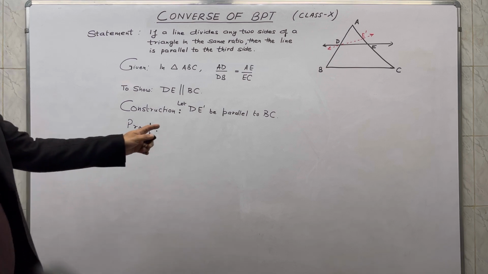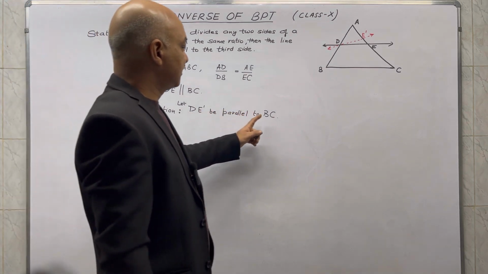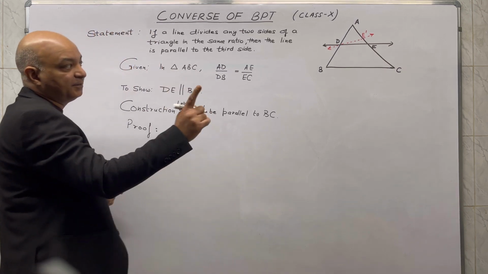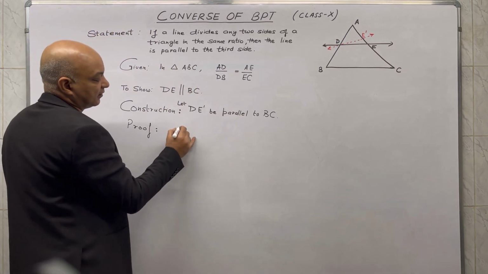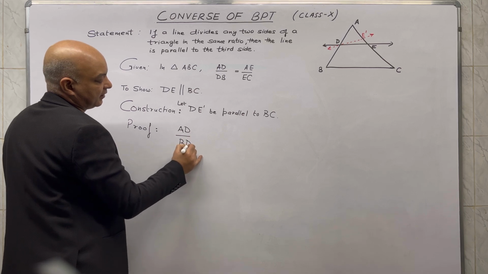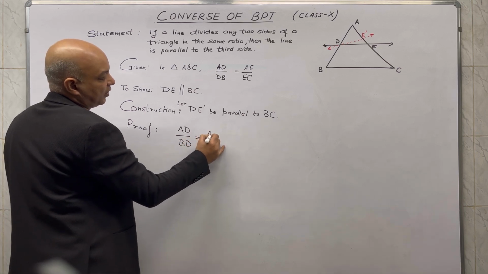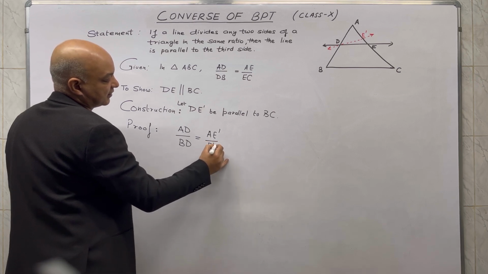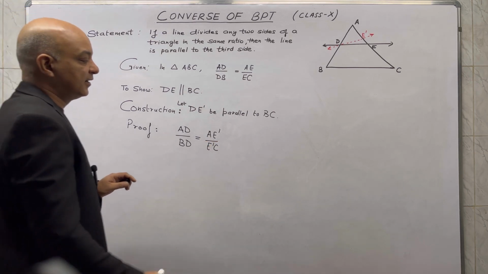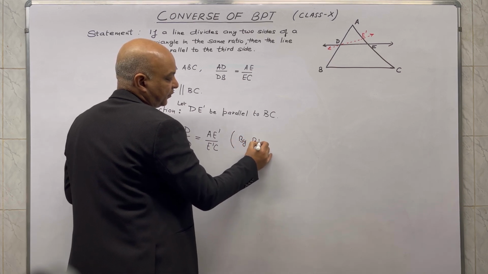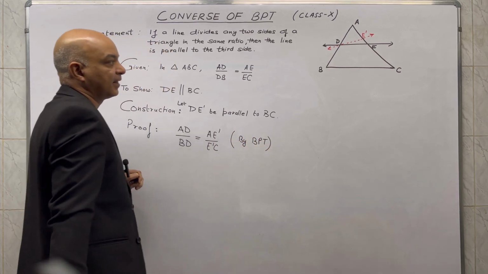Now, as I have supposed DE dash to be parallel to BC, so by BPT, I will get AD by BD is equal to AE dash by E dash C. This is using Basic Proportionality Theorem.